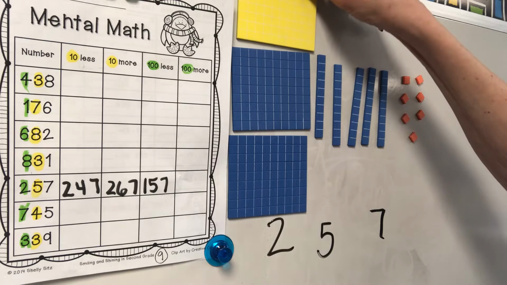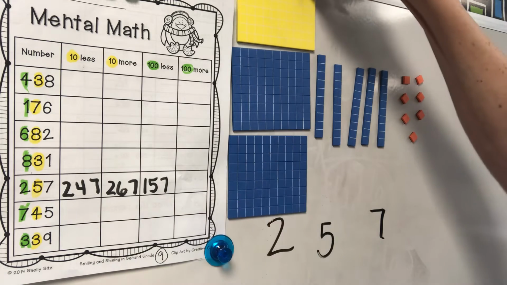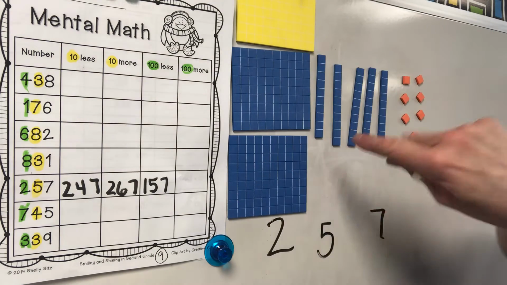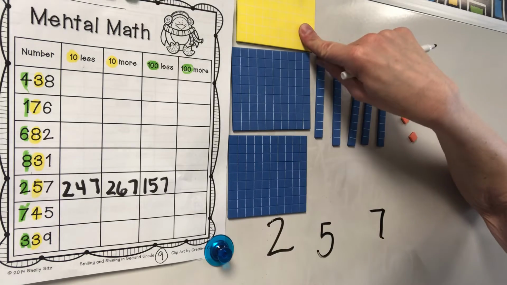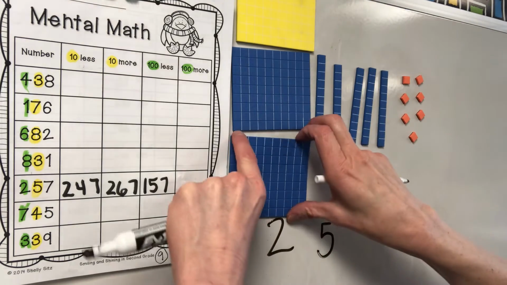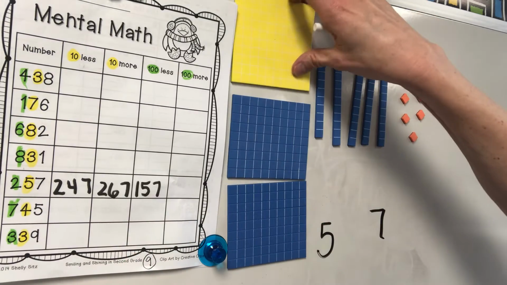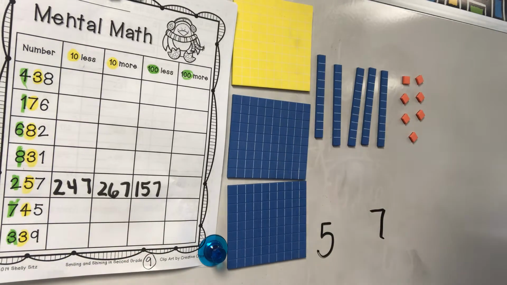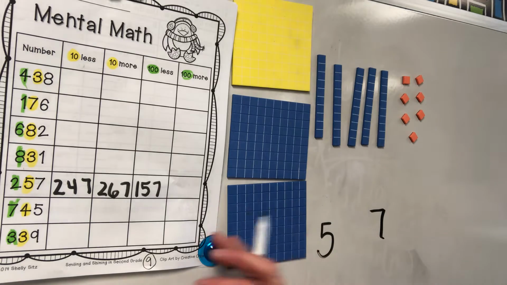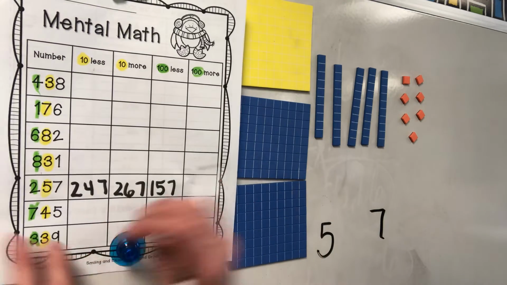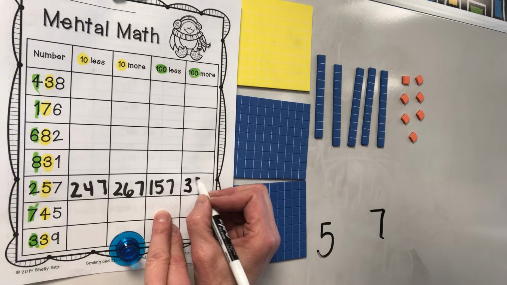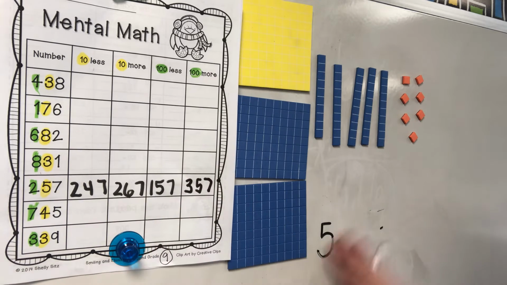I don't have any more blue 10s, but I have, excuse me, sorry, we add 100. So I have 100, 200, 300. I have 300, so I don't have 200 anymore. I have 357. All right, let's check.